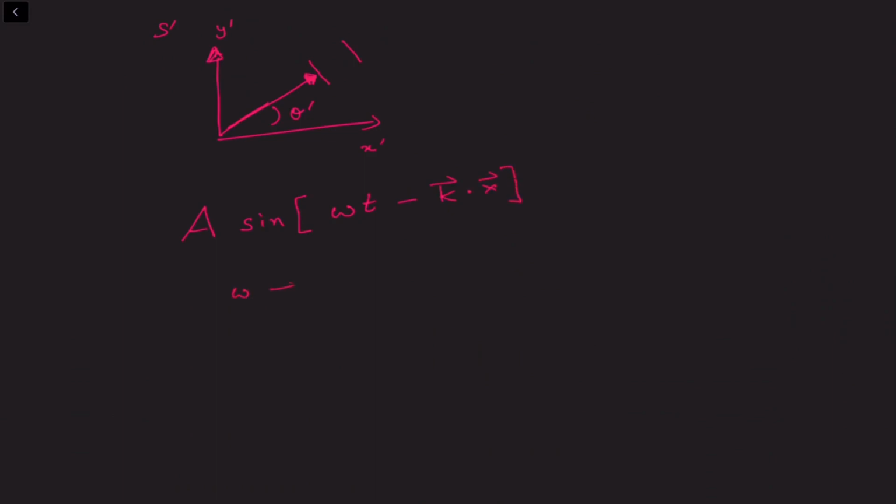Omega tells us the frequency of the wave. The magnitude of the vector k is what we call the wave number, and this is related to the wavelength of the wave, as k is 2 pi over the wavelength.